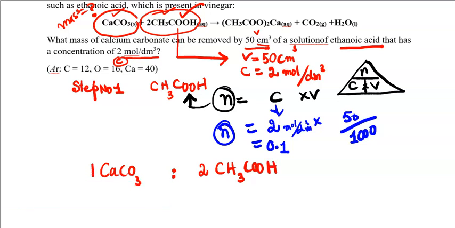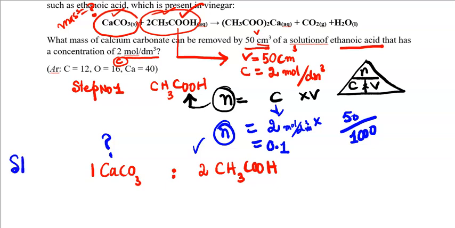This part is a little bit confusing. Students often forget and they bring out different things from the equation. So you just need to focus on which quantity is given and which you need to find. The quantity given here is the number of moles of ethanoic acid, and you need to find the mass of calcium carbonate.